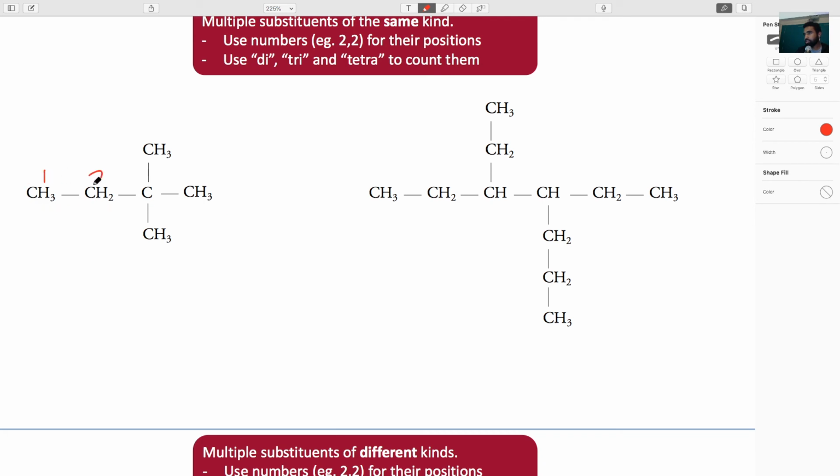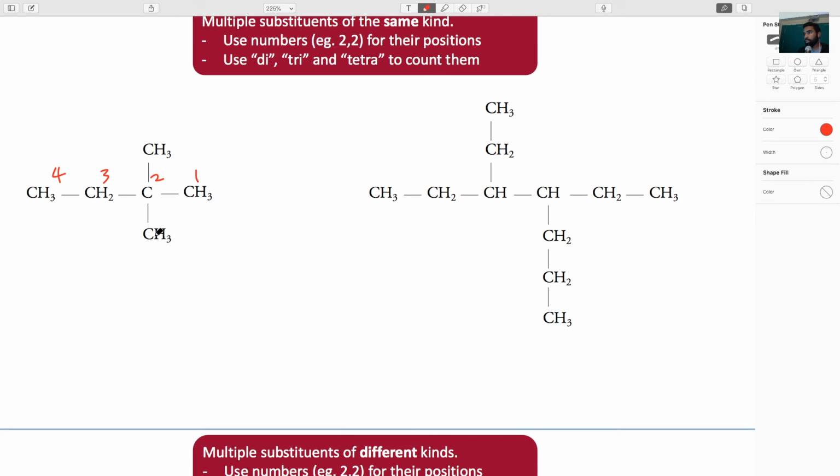That would be 1, 2, 3, 4. Or we can go the other way, 1, 2, 3, 4. And this other way is better because it'll give these guys an address of 2, which is lower than 3. So we want to give them an address of 2. So let's go back and we stick with the second one. 1, 2, 3, 4. Perfect.